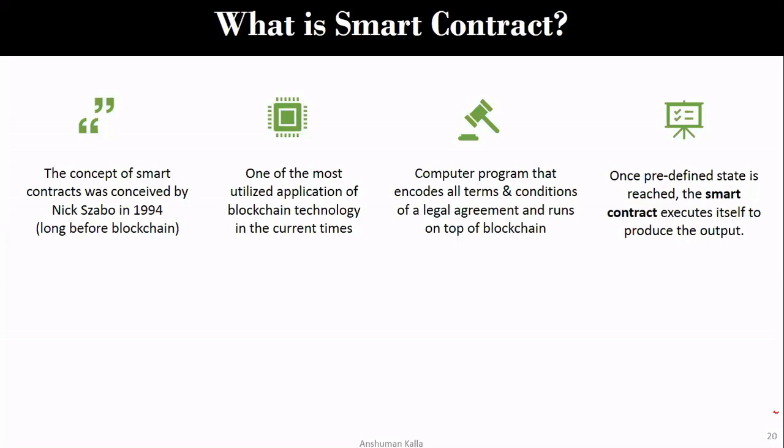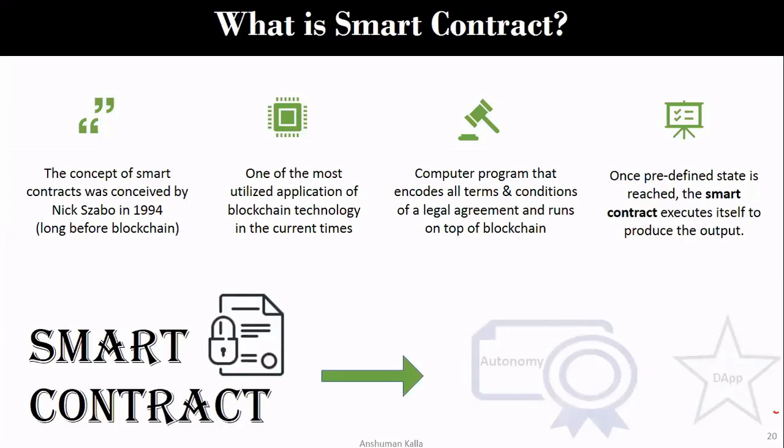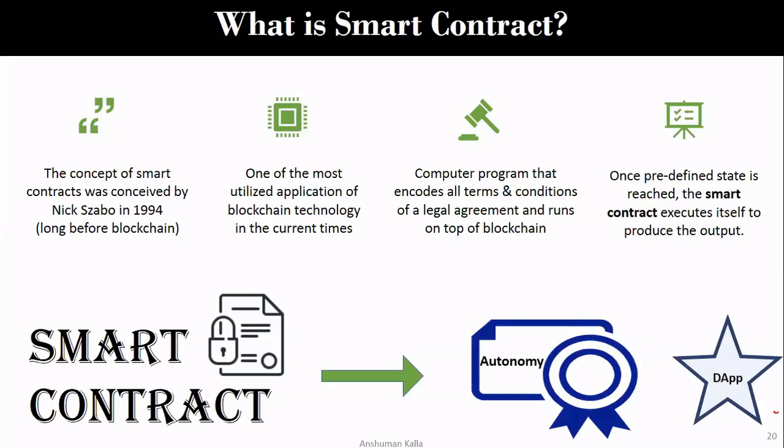This brings autonomy to the system, right? So smart contracts run on top of the blockchain infrastructure, and they bring autonomy and help us create decentralized applications, which are more secure, tamper-proof, immutable, and we'll see different advantages of the blockchain system.